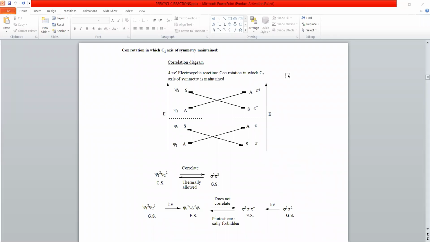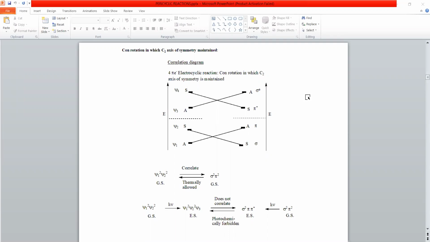When the ground state orbitals of the reactants correlate with ground state orbitals of the product, the reaction is thermally allowed and photochemically forbidden. So conversion of cyclobutene to 1,3-butadiene by conrotation, in which the C2 axis of symmetry is maintained, is thermally allowed and photochemically forbidden.